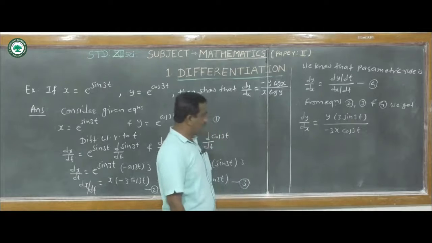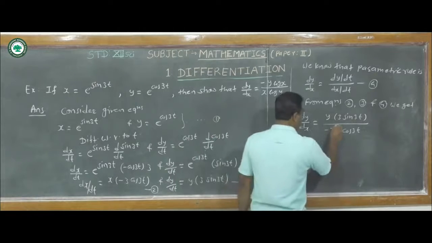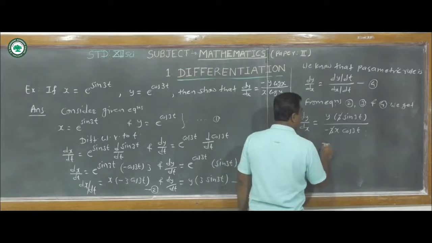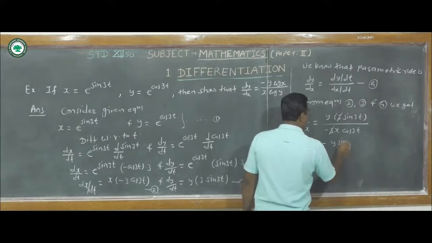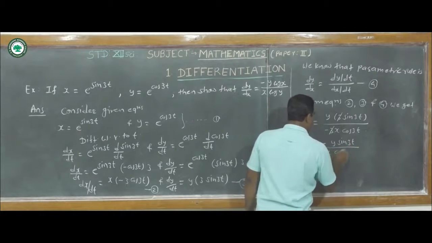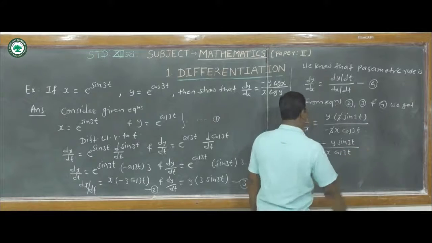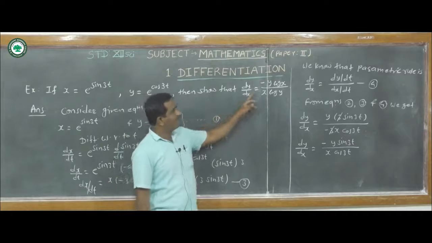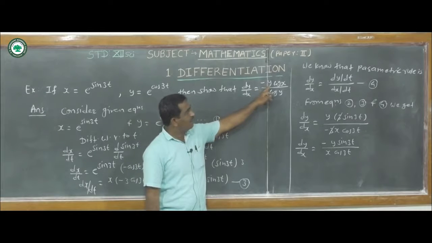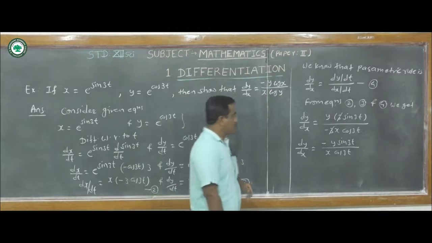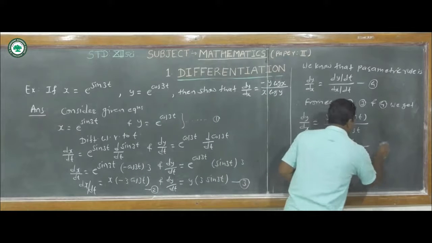Now here 3 cancels out. You can write here dy by dx is equal to minus y into sin 3t upon x into cos 3t. Okay, but we have to show that dy by dx is equal to minus y into log x upon x into log y. Now say this as equation number 5.